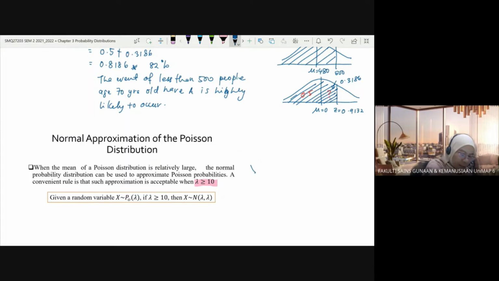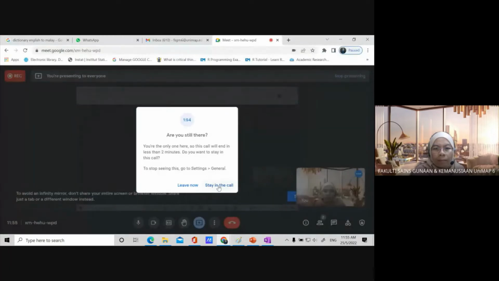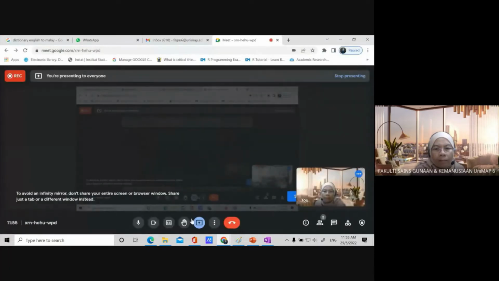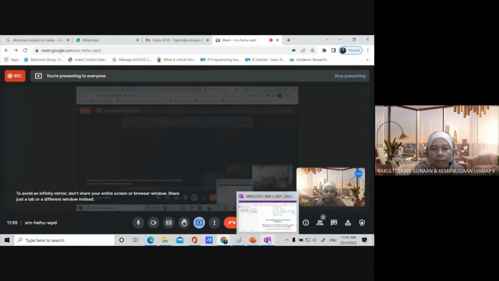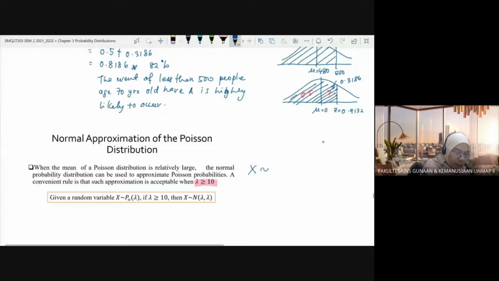So let's say X, again, if you are given that X originally follows Poisson with lambda, and we check that lambda is greater than or equal to 10, then we can approximate to normal, where the new distribution will be X following normal with the parameters: the mean is lambda, and the variance is also equal to lambda.